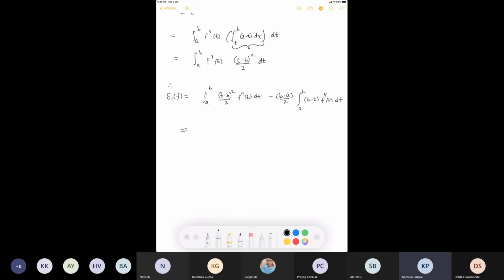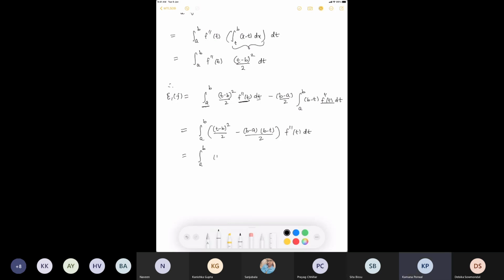So now note that both these integrals have the limits a to b, and this term f double prime t is common in both the terms, right? So I can simply write this as (t minus b) square divided by 2 minus (b minus a) times (b minus t) divided by 2. So we can simplify this.